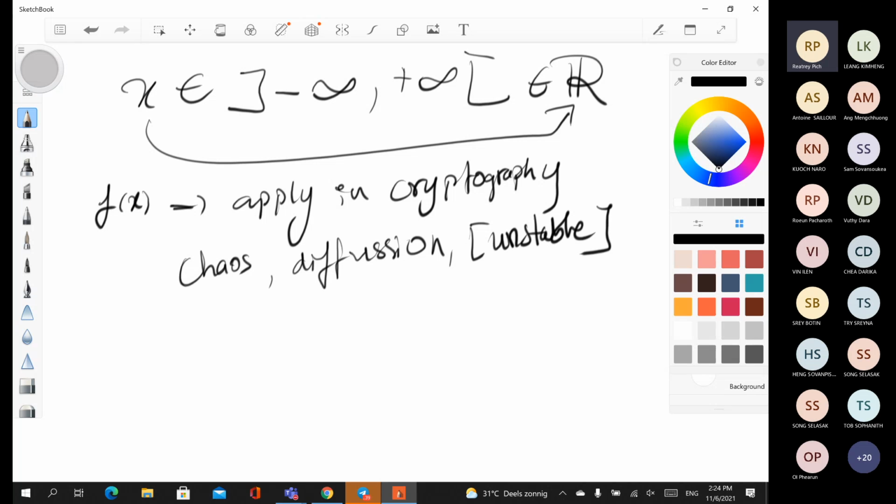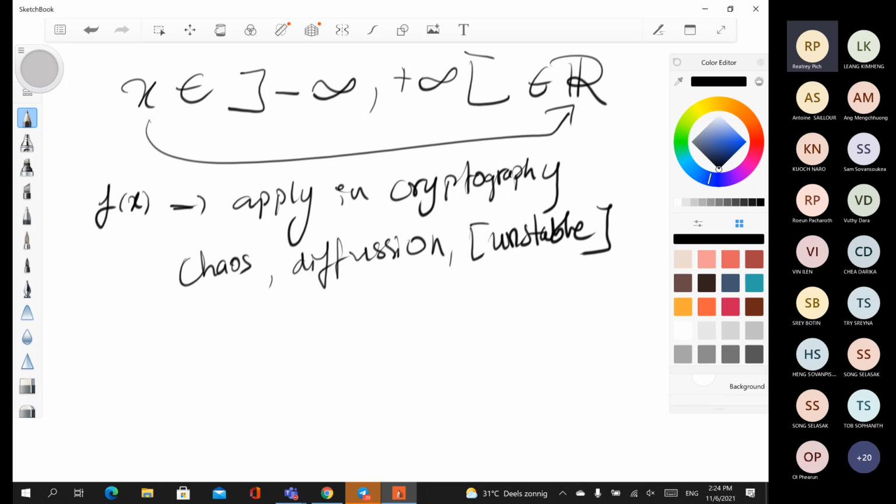I try to explain in a general way first, because if I go to a specific equation, you will understand only that specific equation. So in general, I try to capture only something unstable.